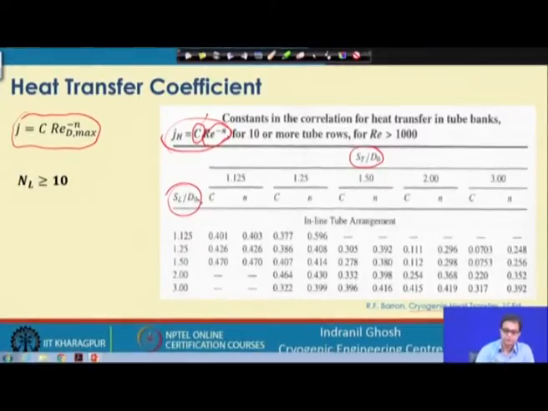So, these ratios are given on this side, and this is where S_t by d_0 is varying on this side.